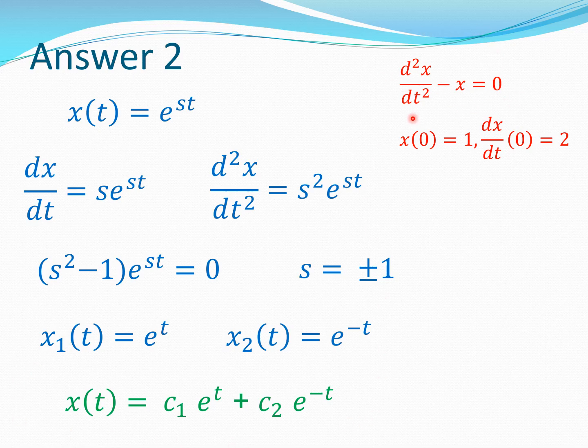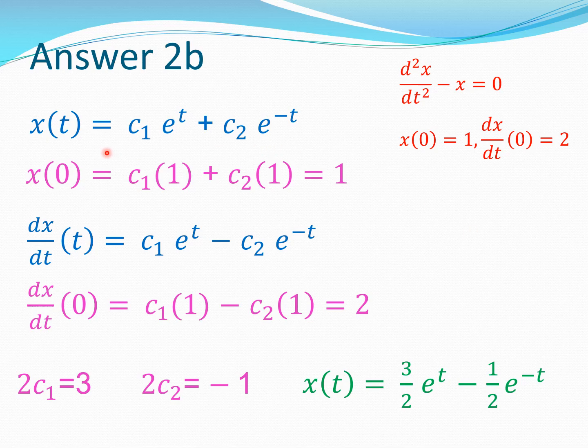But you will see in the general solution, the initial conditions never came in. So let's try to do that in the next slide. So now I take this solution and I substitute the initial condition. If I put t is 0, I get x(0) is c1 times 1 plus c2 times 1 is 1. Nice thing about the exponential function is that when t is 0, it simply becomes 1.